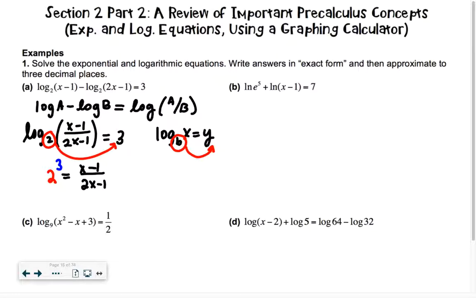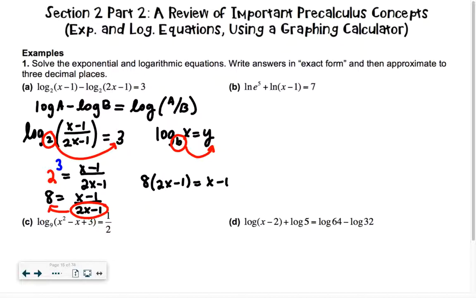Then from there, we just continue. Now it's almost like algebra 1. 2 to the 3 is going to be 8. So 8 is equal to x minus 1 over 2x minus 1. We multiply that 2x minus 1 to the other side, so we get 8 times 2x minus 1 is equal to x minus 1.